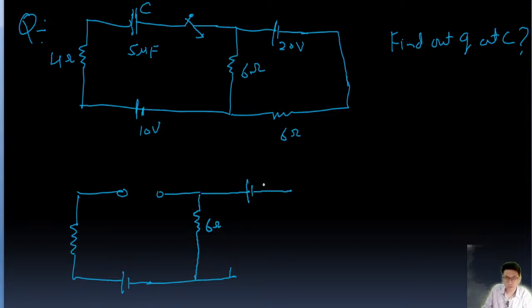This is 20 volt. This is 6 ohm. This one we have written here, right? This is 6 ohm. This is 20 volt. This is 10 volt, and this is 6 ohm. This is 4 ohm. Okay, this is 4 ohm.